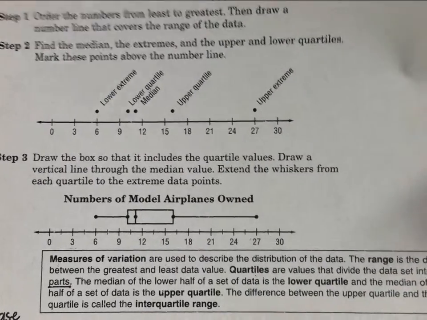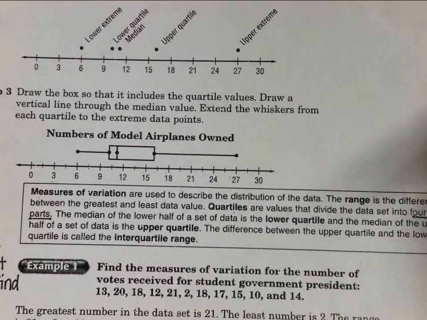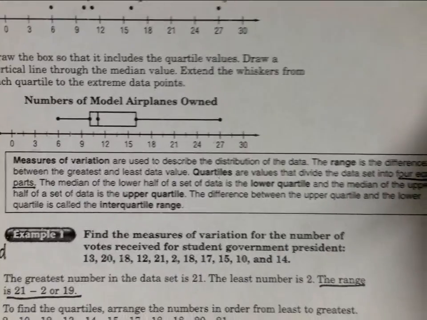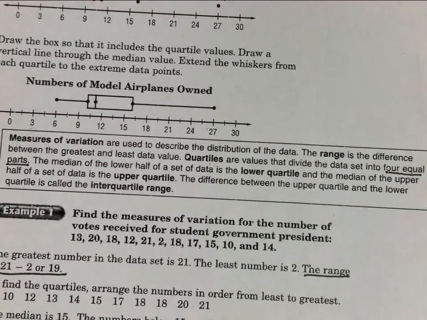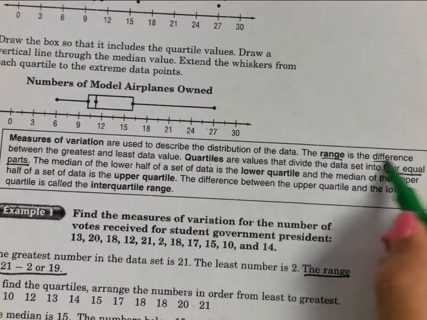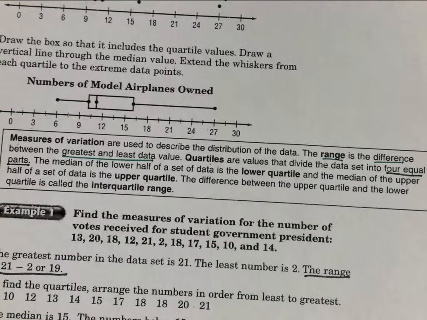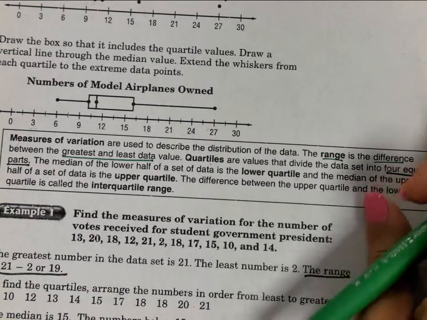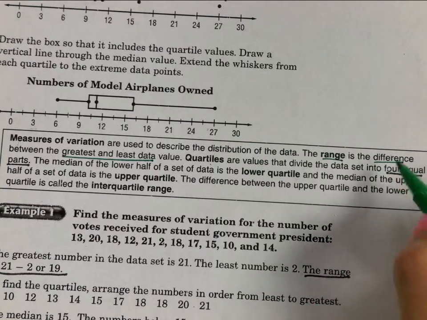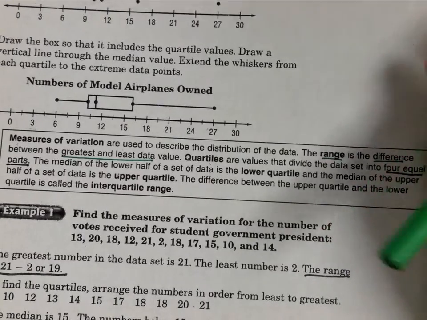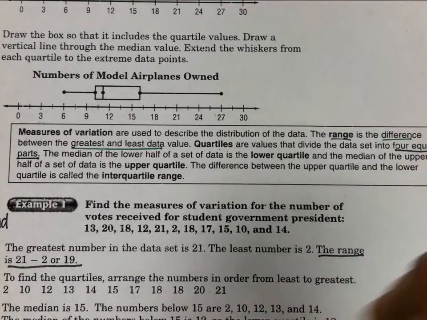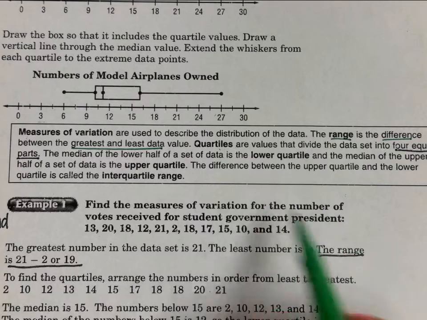The bottom down here is in case you forgot how to find a couple of different things. If you forgot how to find your range, you can find it by subtracting your smallest number from your largest. Your quartiles, it tells you again, divide into 4 equal parts. The median of your lower half is your lower quartile.